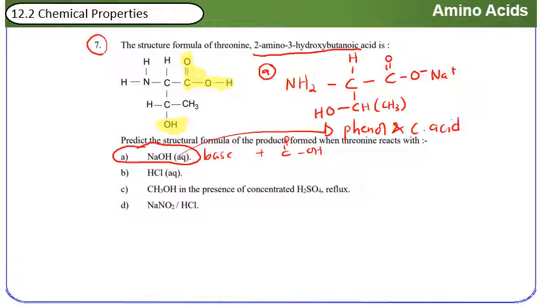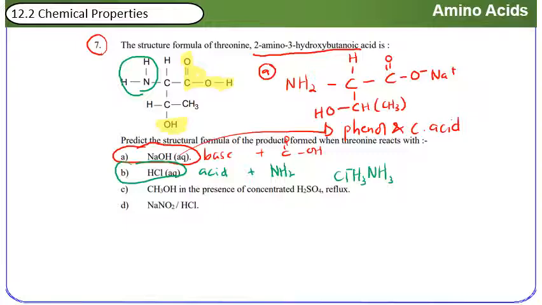Next, we react the threonine with HCl. HCl is the acid, so it will react with the base, in this case the amino group. This amino group will become NH3 plus, Cl minus.